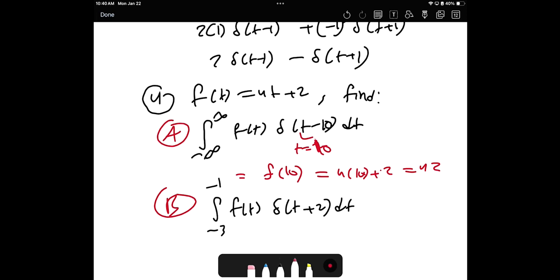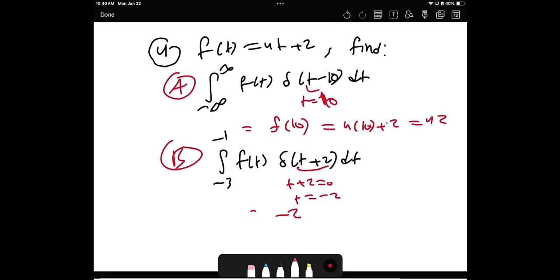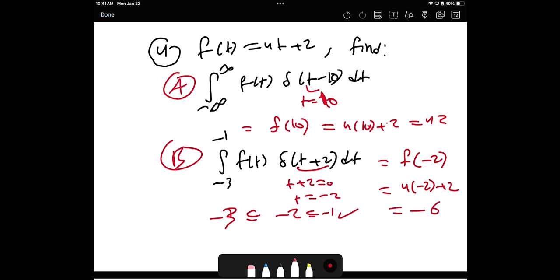So here, look, t plus 2 equals 0, therefore t will equal negative 2. Since negative 2 is bounded between negative 3 to negative 1, yes. So the answer will equal f of negative 2. Now substituting, 4 times negative 2 plus 2, negative 8 plus 2, negative 6.